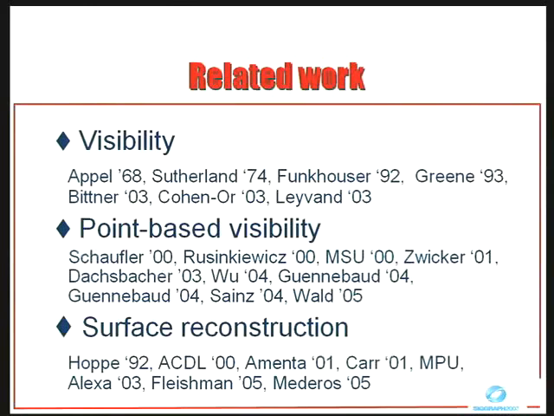Here, visibility was addressed mainly within rendering, often while ray tracing. And the most common approach is to splat the points into the Z buffer. We would like to extract visibility regardless of rendering. And the third issue is surface reconstruction. We've already seen the relation to this field, and we'll get back to this later in the talk.